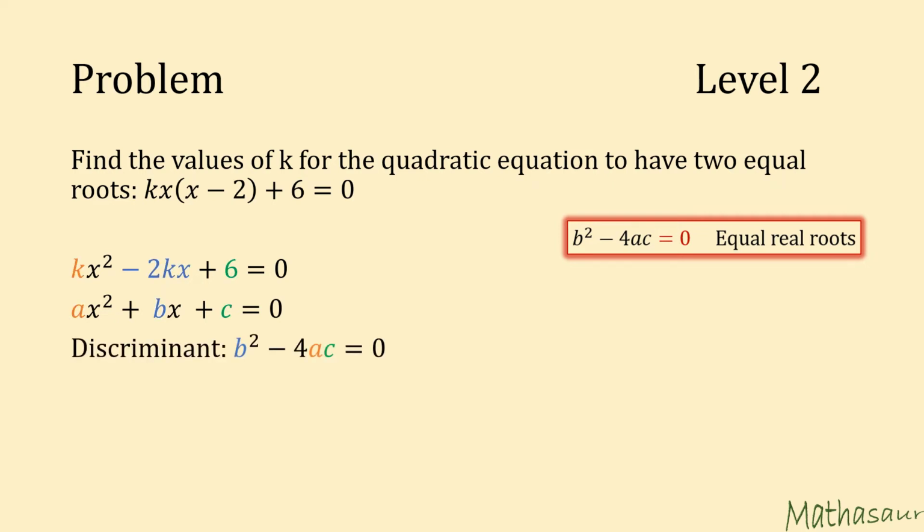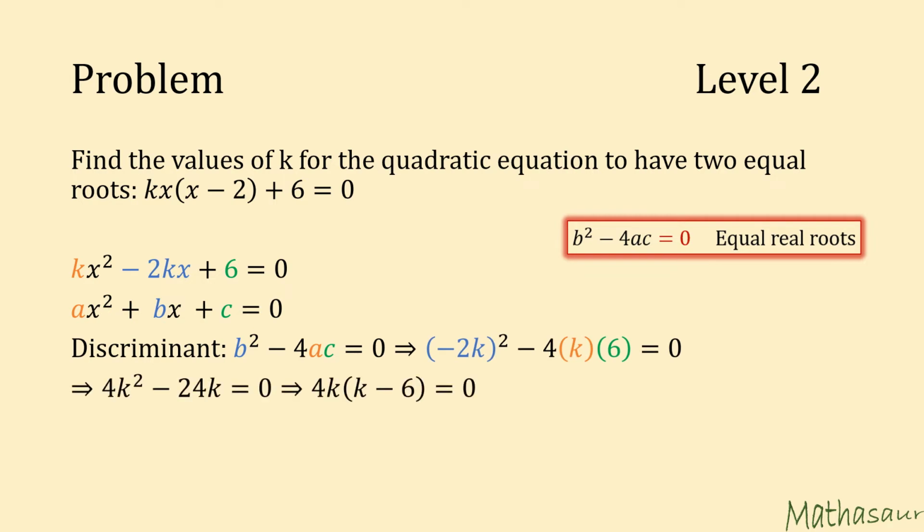Let us substitute the values in b square minus 4ac and put it equal to 0. Solving for k, we see that either k is equal to 0 or k is equal to 6.